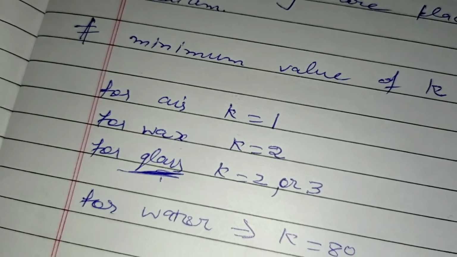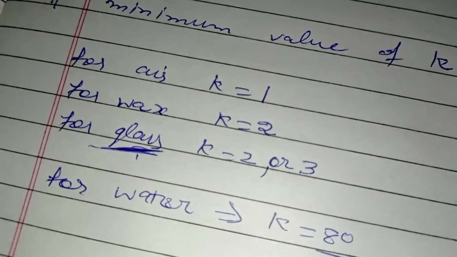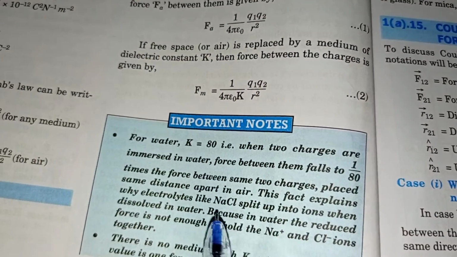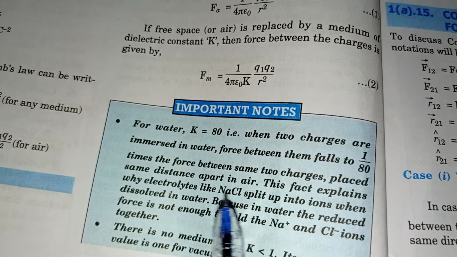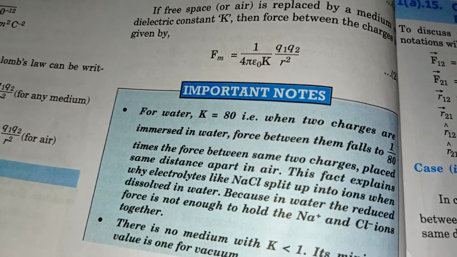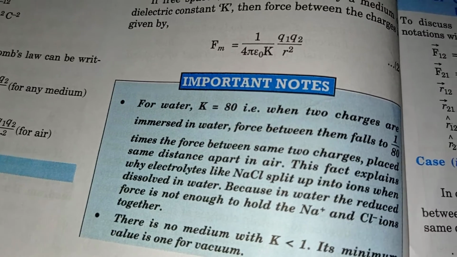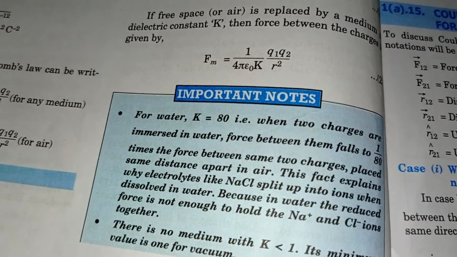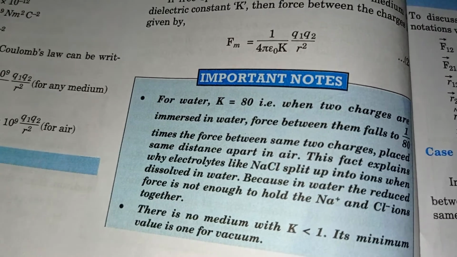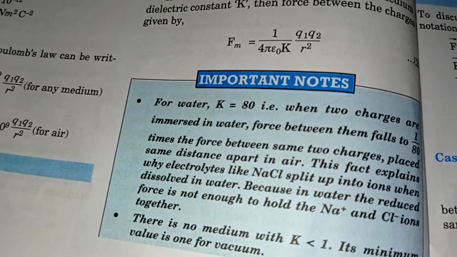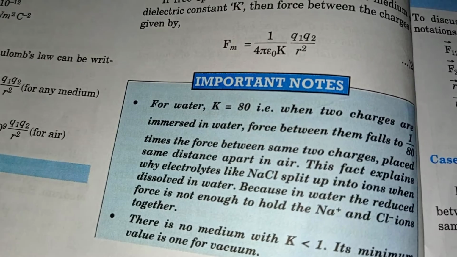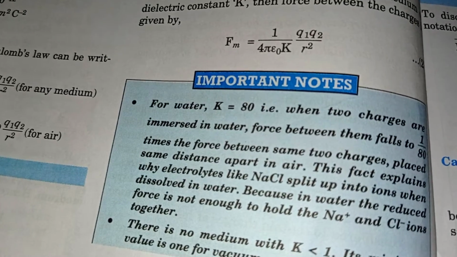Okay, now what are the important facts of k? The first important fact of k is that there is one conceptual question which states that when salt such as NaCl, sodium chloride, is dissolved in water, then in that case NaCl is split into ions.